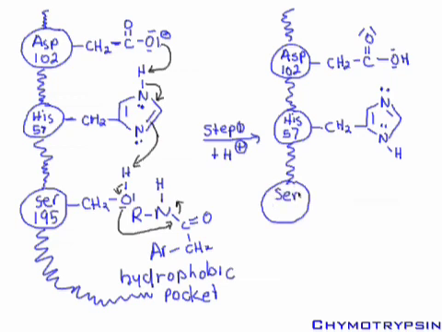Serine 195. And now the serine is no longer an OH. It now has a portion of the peptide attached to it because it attacked the C double bond O. And off of the C double bond O you have the CH2 with the aromatic ring off of it.